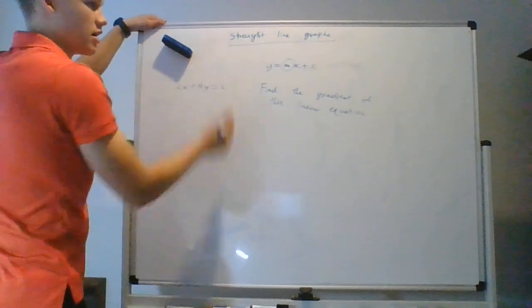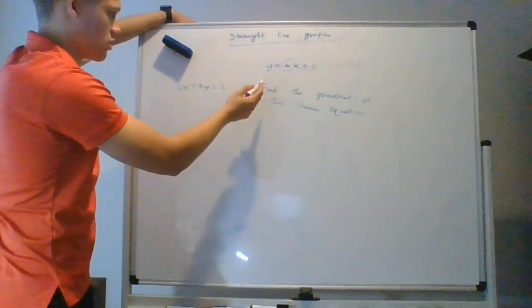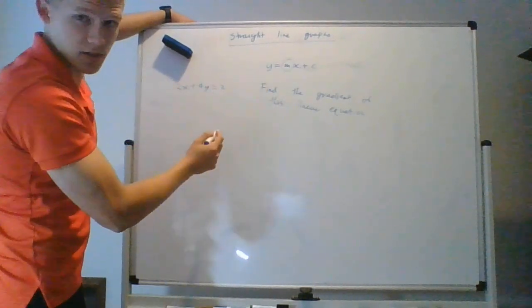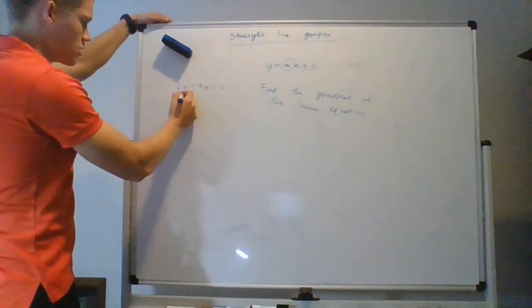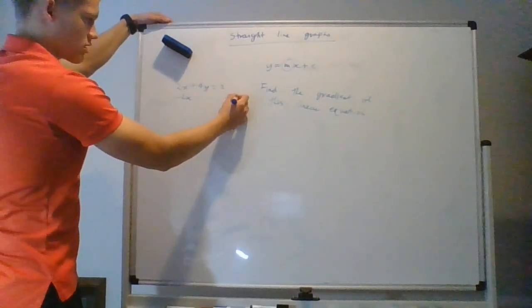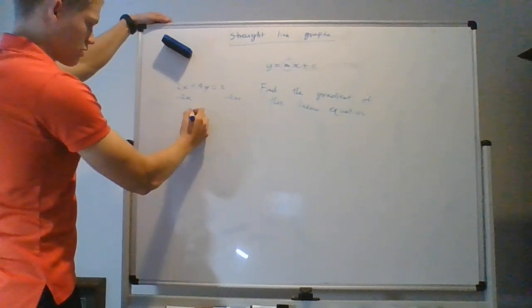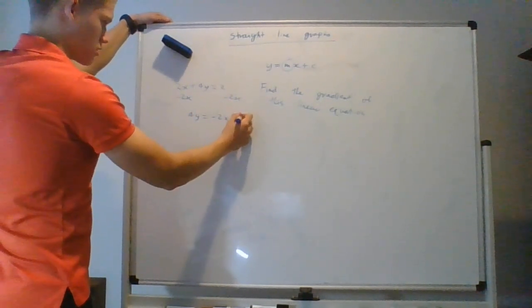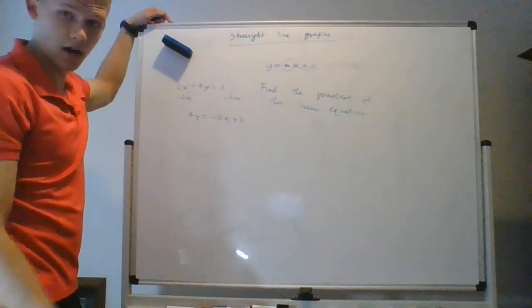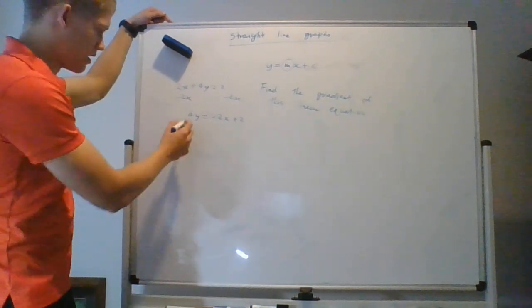In the form of y equals mx plus c, y is by itself. So I'm going to try and make y the subject of the formula. In order to do that, I'm going to minus 2x off both sides. And that will give us 4y equals negative 2x plus 2. And now I'm going to get rid of the 4 because I want y by itself.